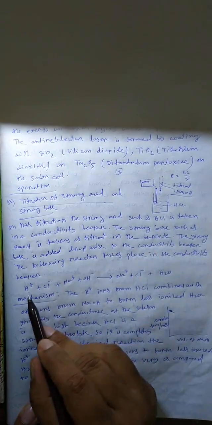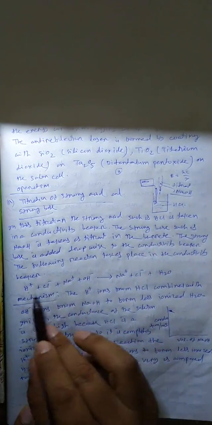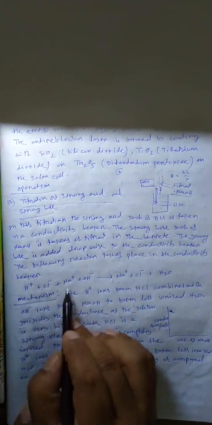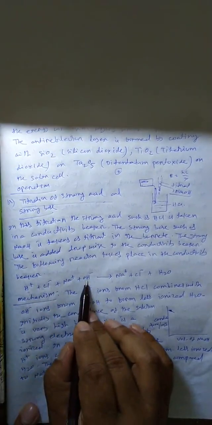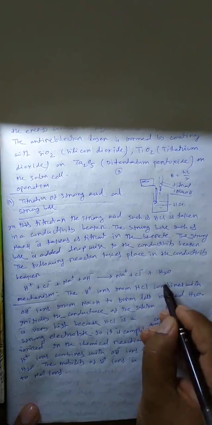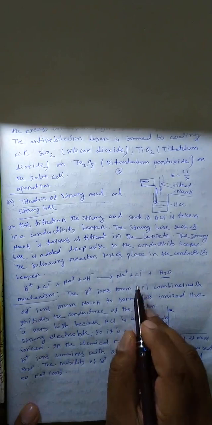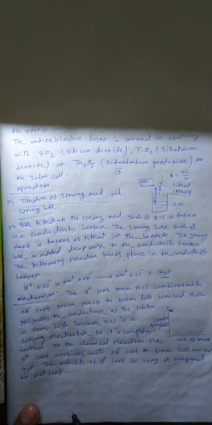Suppose I consider 1 H plus, 1 Cl minus, 1 Na plus, 1 OH minus. So 1 H plus and 1 OH minus combine to form water, which is very less ionized, and Na plus Cl minus is formed. The mobility of the H plus ion is very high compared to Na plus ion.